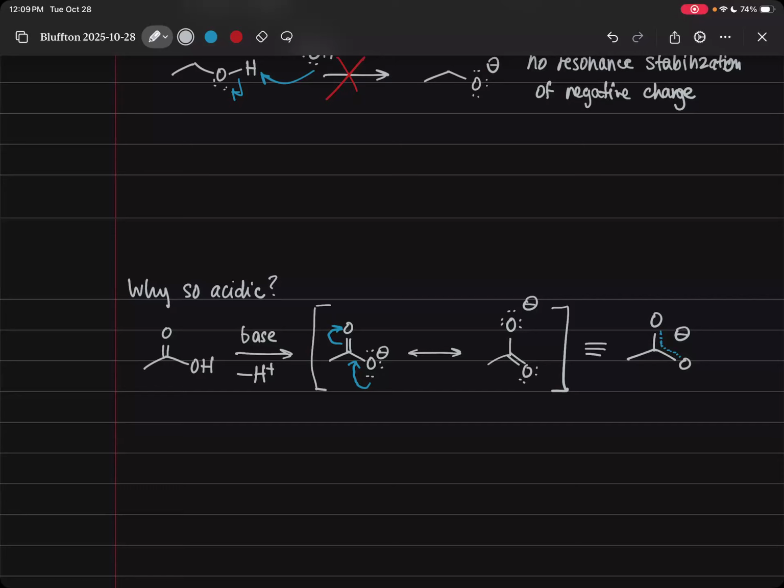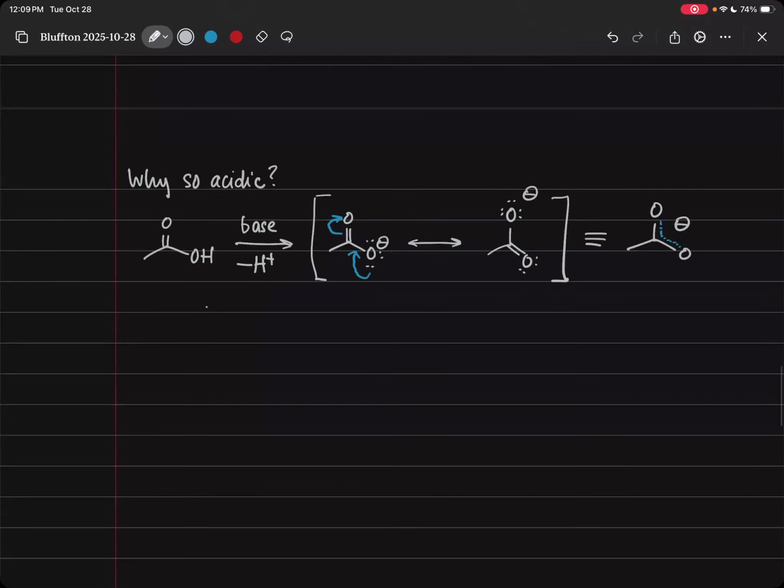So charge distribution gives stability, and here I'm talking about the conjugate base.